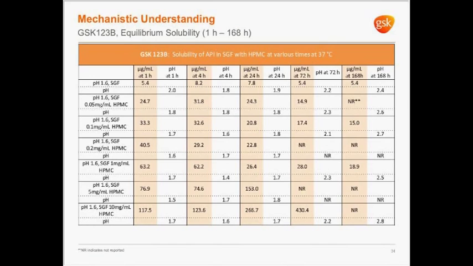This is expected because we know already that the salt form of the API is precipitating out as free acid, which has a lower solubility than the salt form. However, when significant amounts of HPMC are added, such as 5 mg per mil, the precipitation appears to be inhibited by the presence of HPMC, and the equilibrium solubility is extended to at least 24 hours and even beyond.